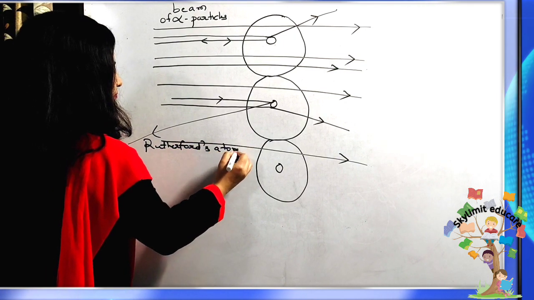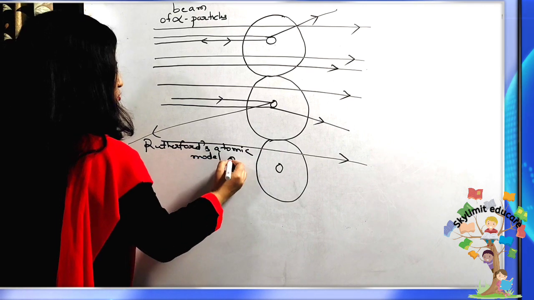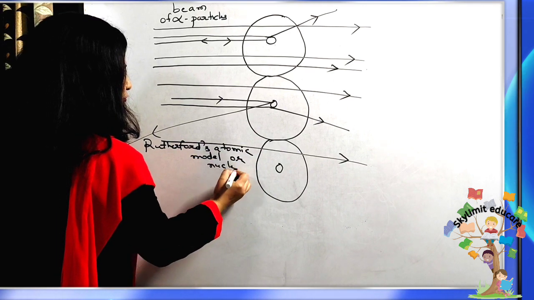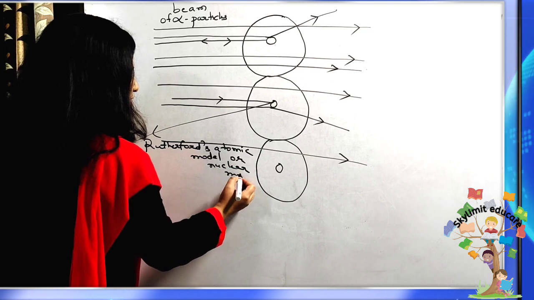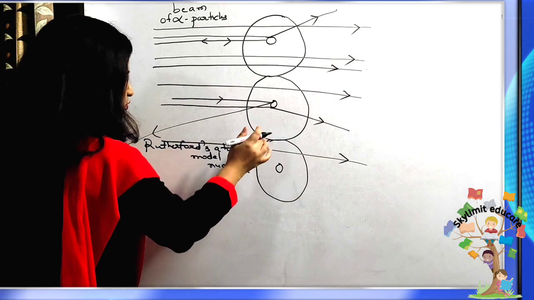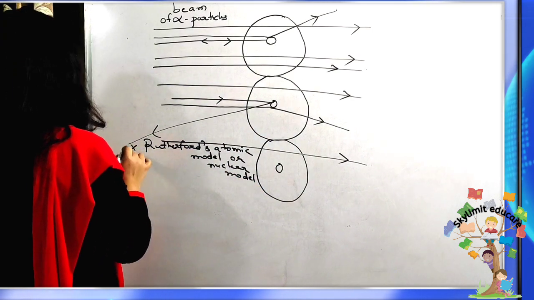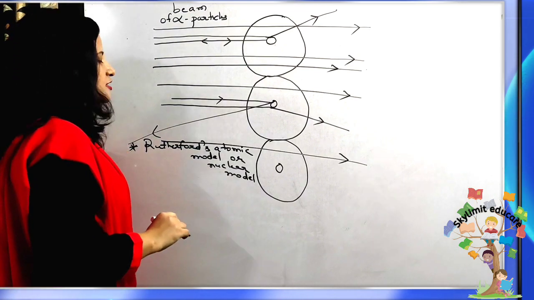It is also called the nuclear model of Rutherford, because here for the first time he discovered that something called the nucleus is there. He named it the nucleus, is it not? So the nuclear model of Rutherford. It goes by this name, most popularly Rutherford's atomic model.